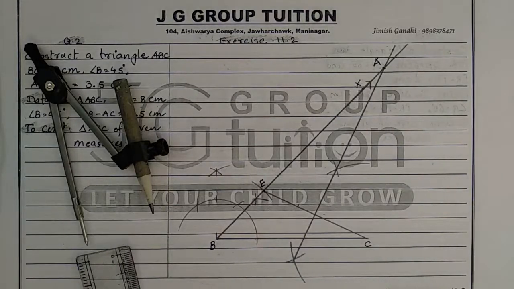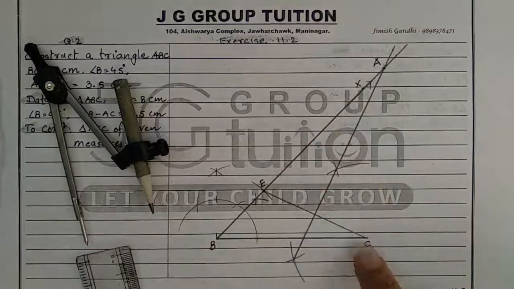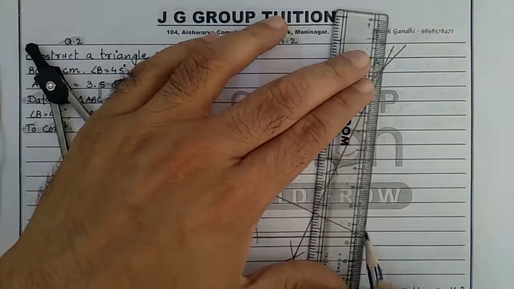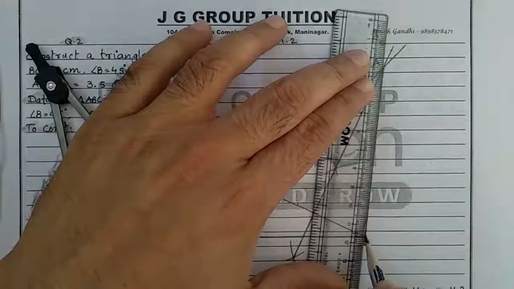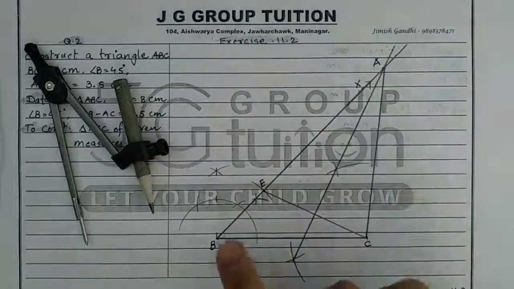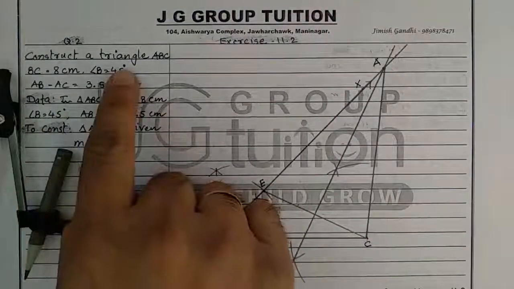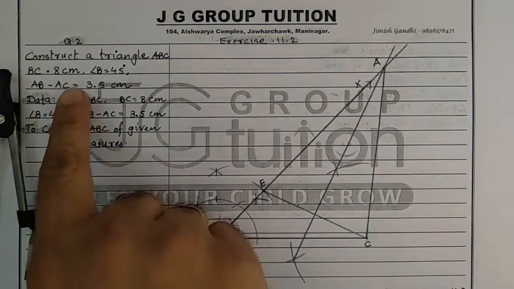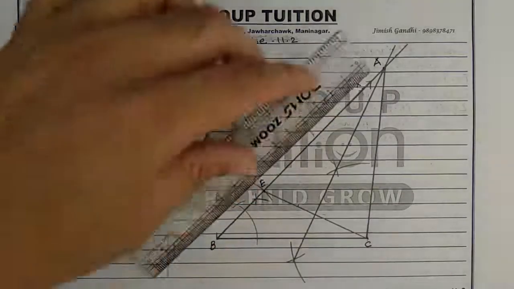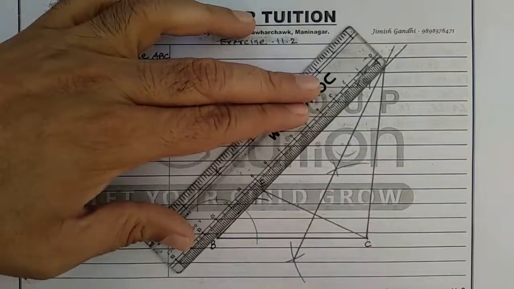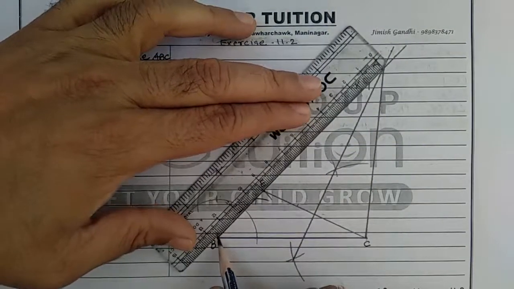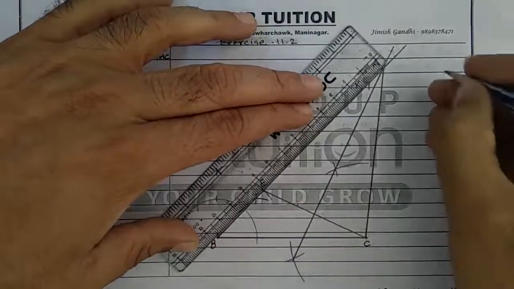So look at this. Let me join AC also. Triangle ABC of the required measures is obtained. Let us see whether the difference is 3.5 or not. Let us see the length of AB. Students, you can see it is approximately 12.8.